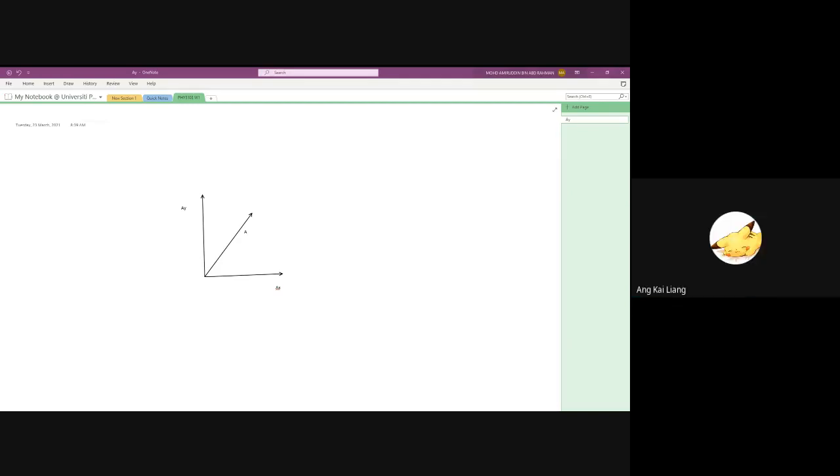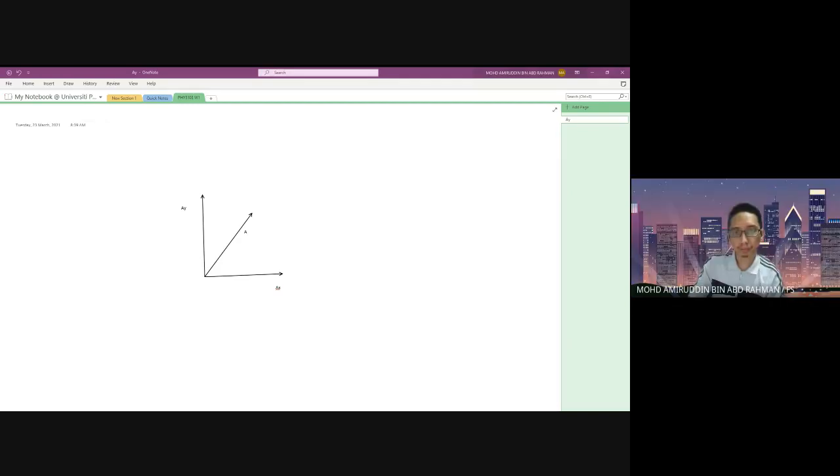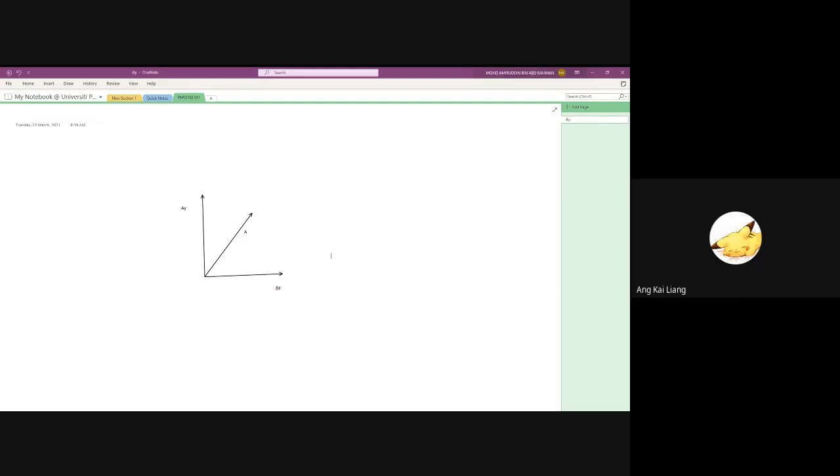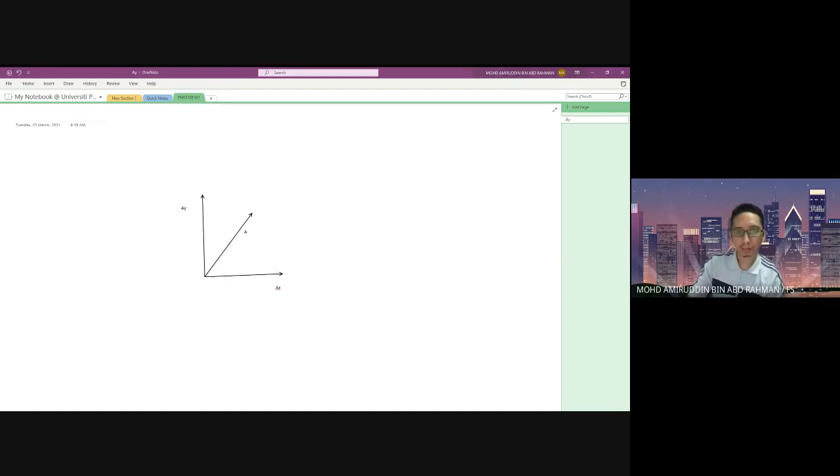So AX is equal to A cos 60. That's for AX. And inversely, AY is A sin 60, which is 2.425 or 2.43 cm. So that's AY.